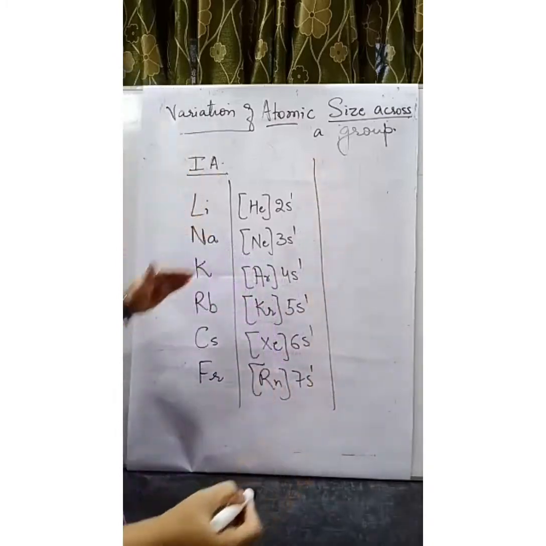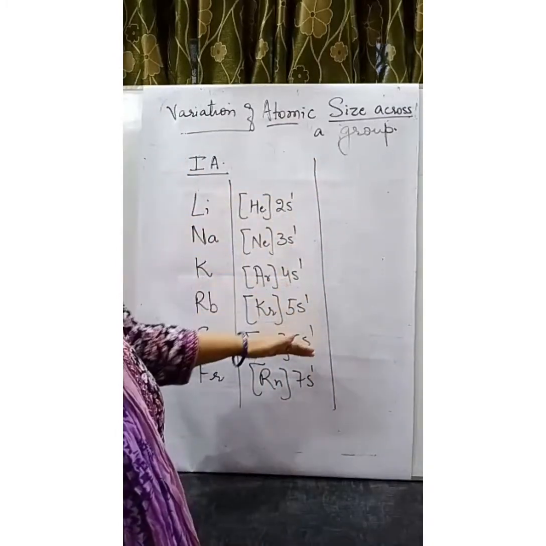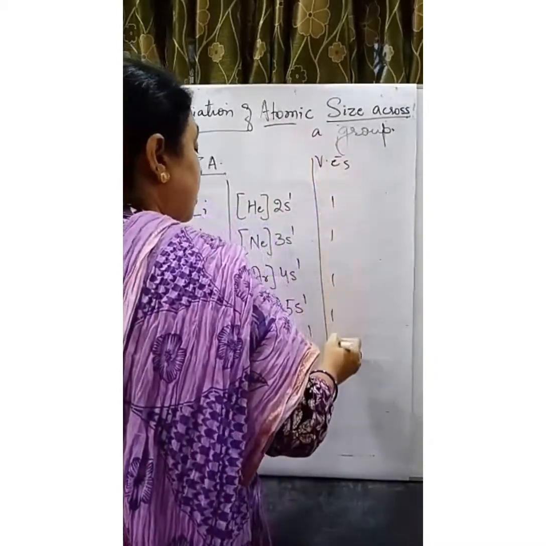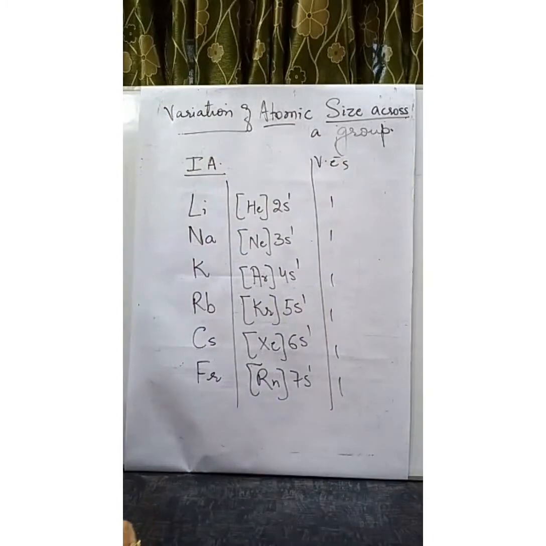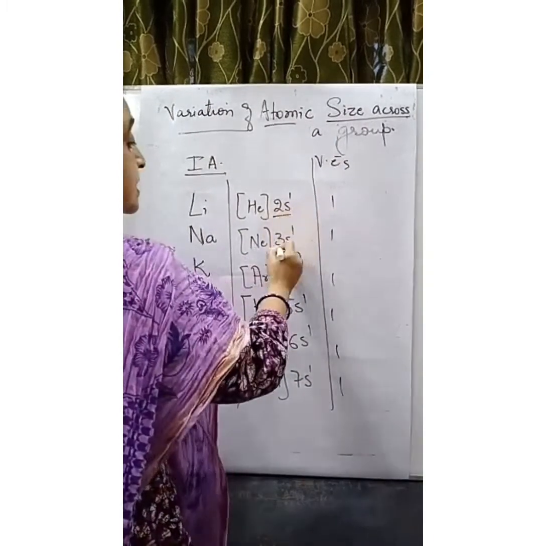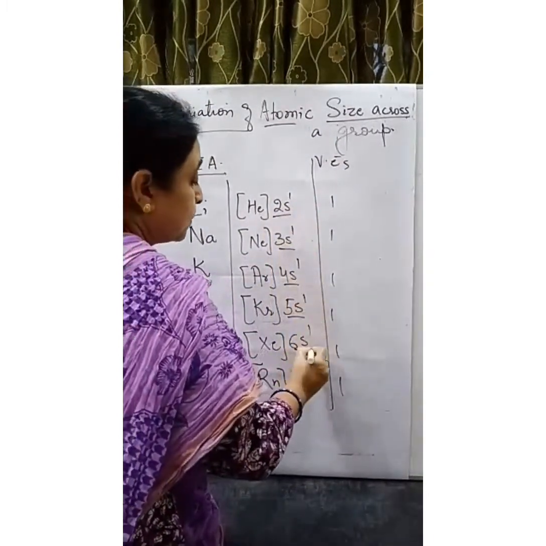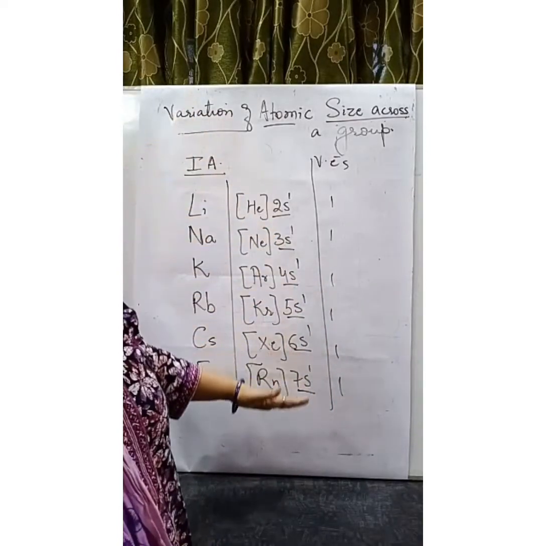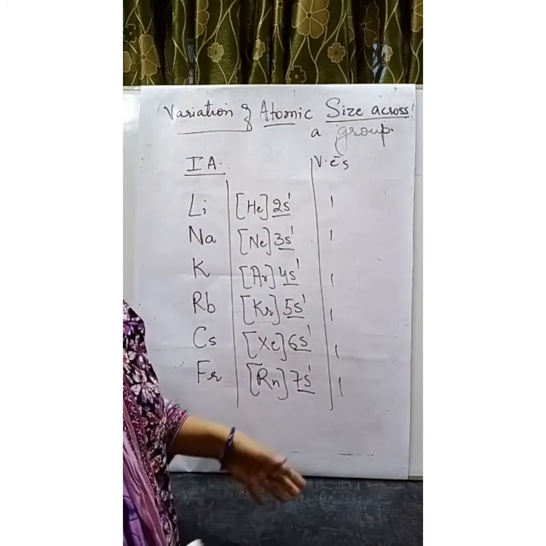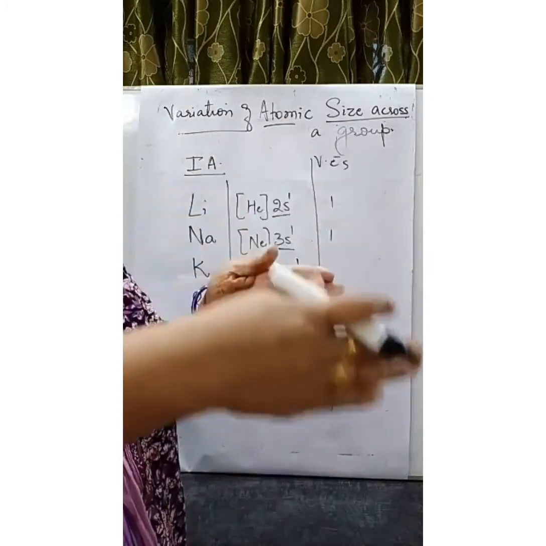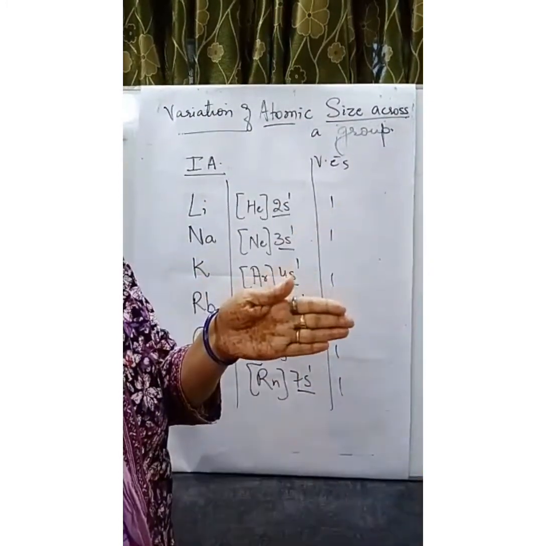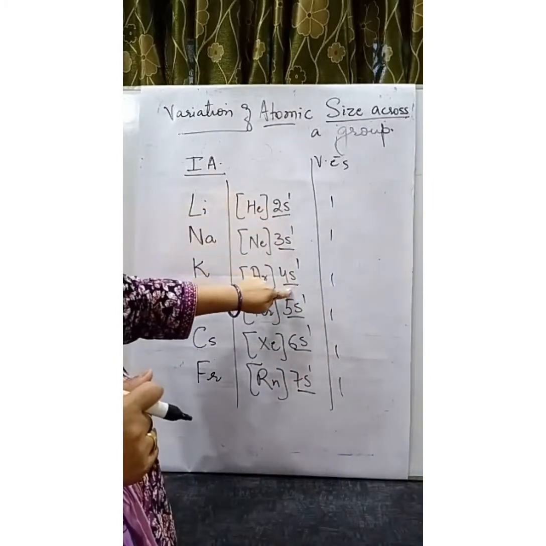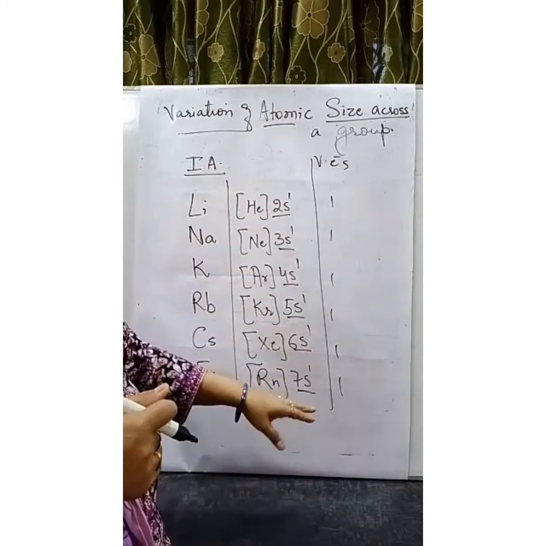What do you notice? The number of valence electrons is the same in all the cases, 1 electron. But just see the principal quantum number. That means as we are moving from top to bottom in a group, every time the electron is added into a new shell: here in the second shell, then third, then fourth, then fifth, then sixth, then seventh.